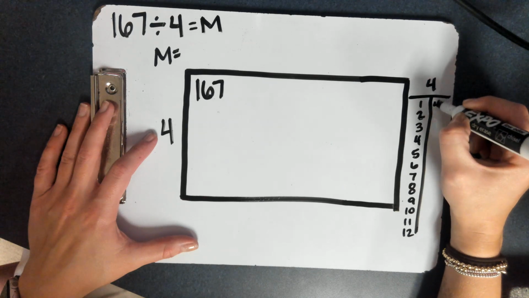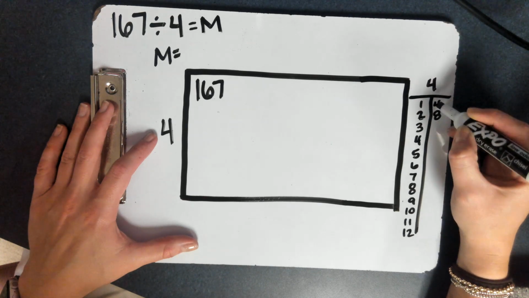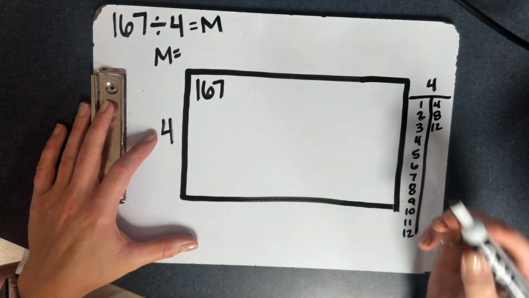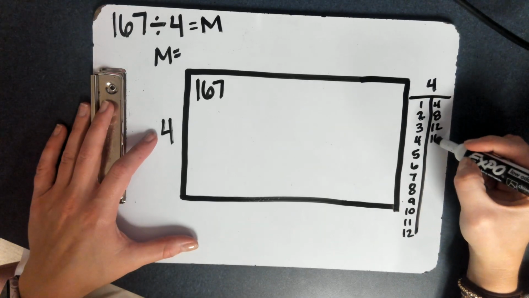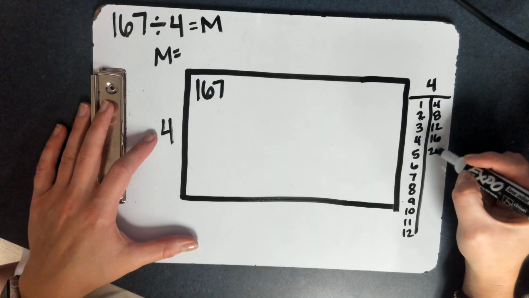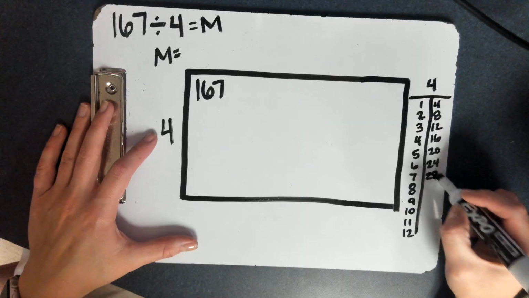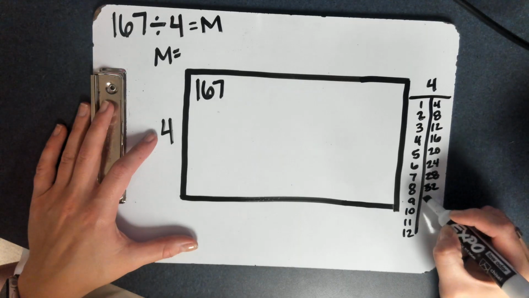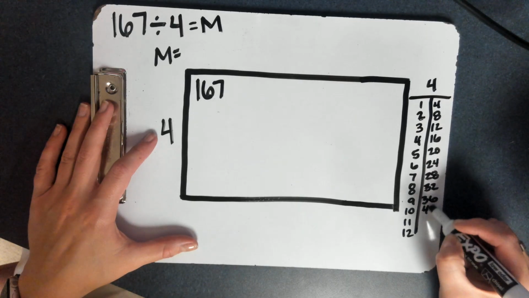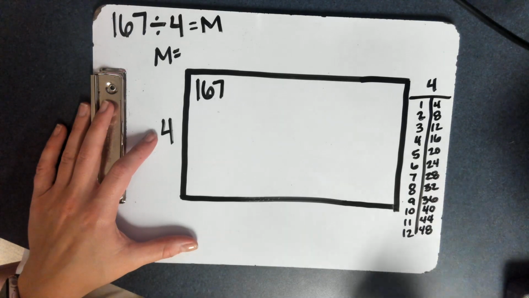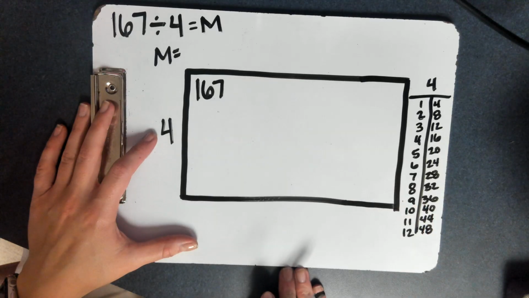So I know 4 times 1, 2, and they just go all the way down to 12. 12 is just that typical stopping place for your math facts. Okay, there are my math facts. That's going to help me later.